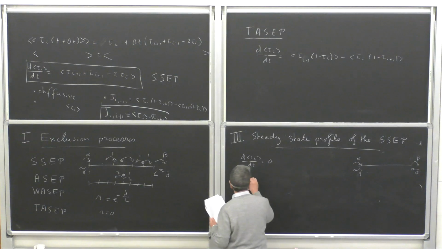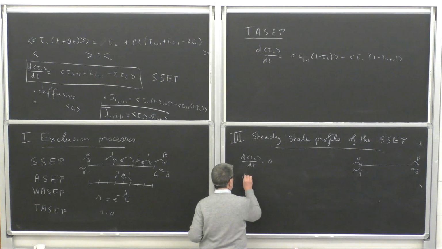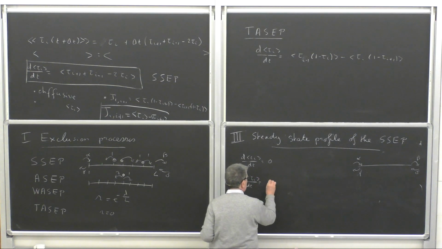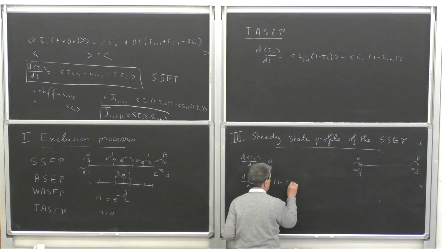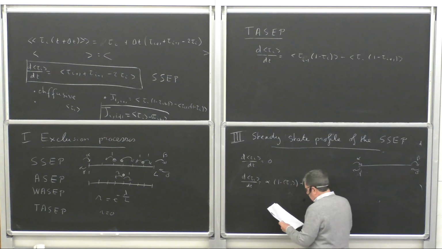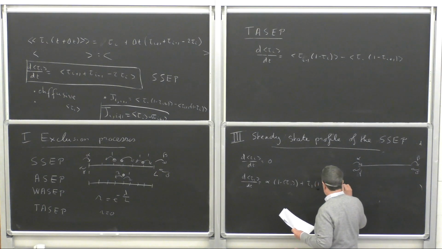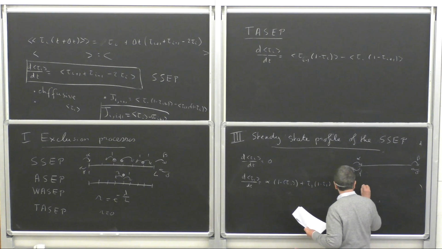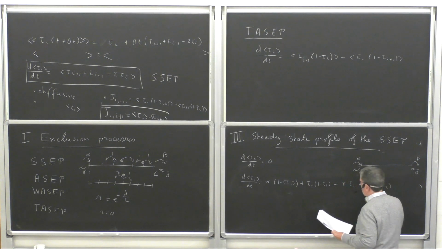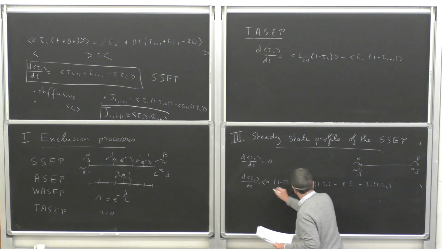And so, for example, I write it on site 1, and you have something similar on site L: dτ_1/dt is α(1 − τ_1)... plus τ_2(1 − τ_1) − γτ_1 − τ_1(1 − τ_2). Okay, here I just need to average over everything.